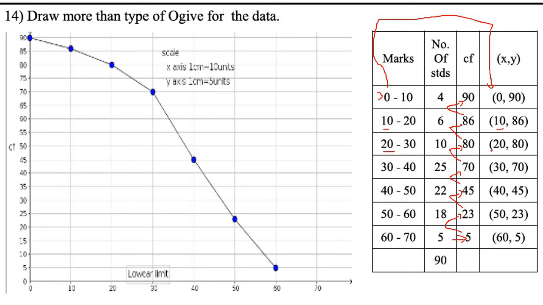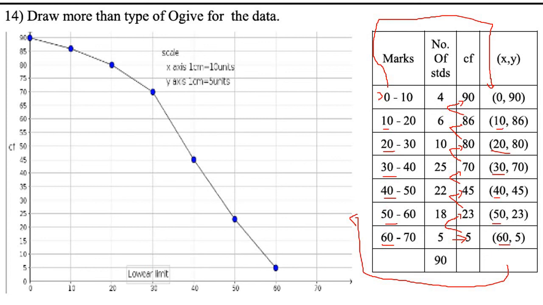Then 20 comma 80, 30 comma 70, 40 comma 45, then 50 comma 23, then 60 comma 5. So these are the coordinates. By using these coordinates we have to draw the graph.